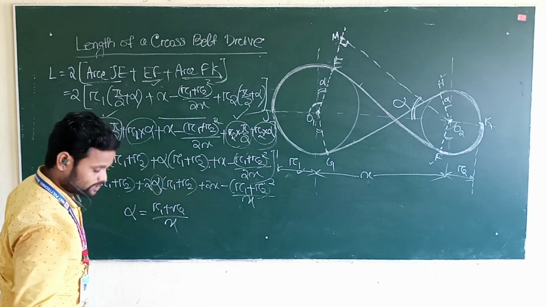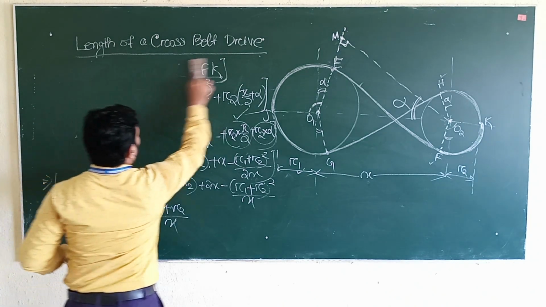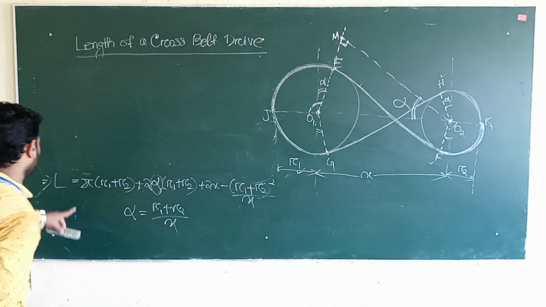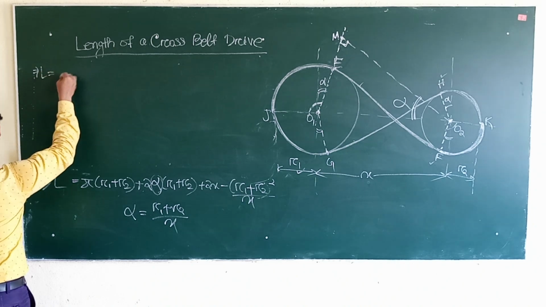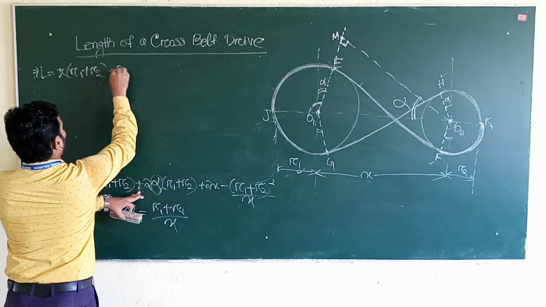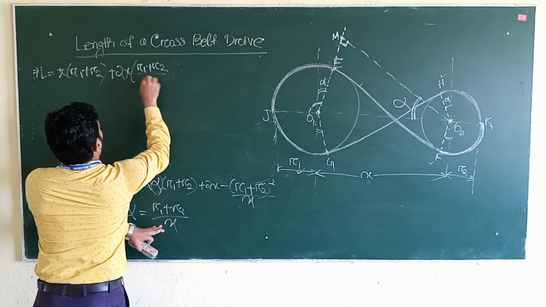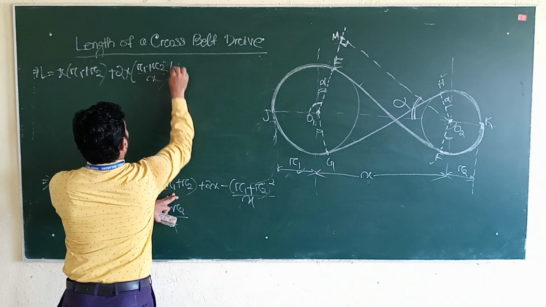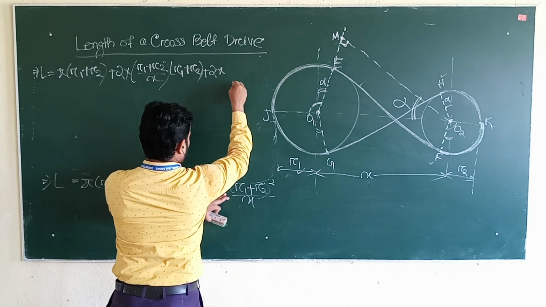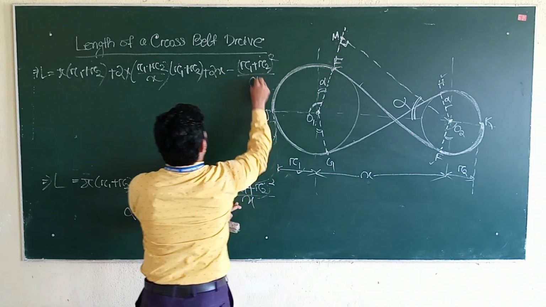So L equal to pi into (r1 plus r2) plus 2 into alpha, that is (r1 plus r2) by x, this is the value of alpha, into the remaining (r1 plus r2), plus the remaining 2x minus (r1 plus r2) square divided by x.